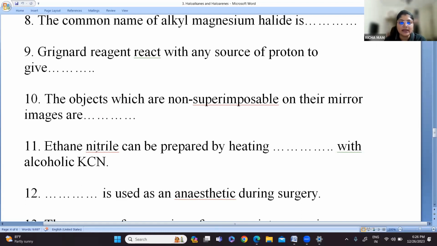Next question. Ethane nitrile can be prepared by heating dash with alcoholic KCN. So what is ethane nitrile?